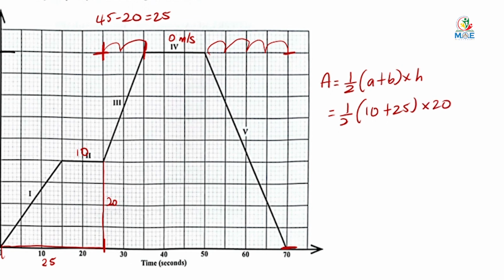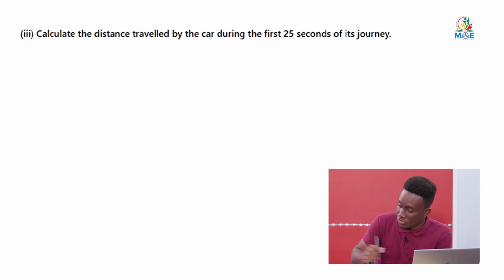So 10 plus 25 would be 35, multiplied by 20 would give me 700, divided by 2 would give me 350. Since we're dealing with distance, the car for the first 25 seconds traveled 350 meters.